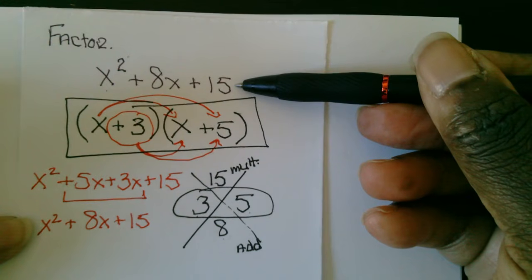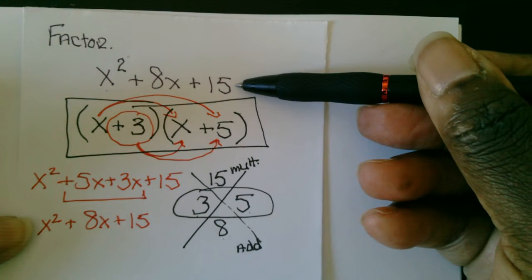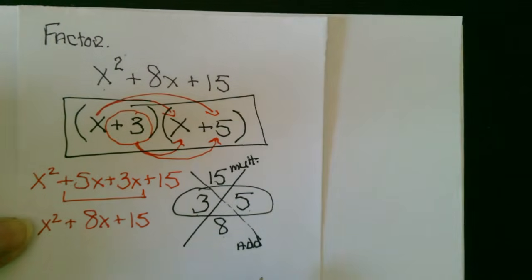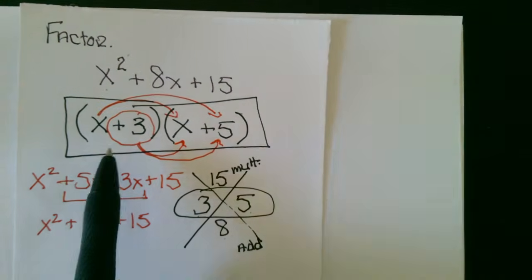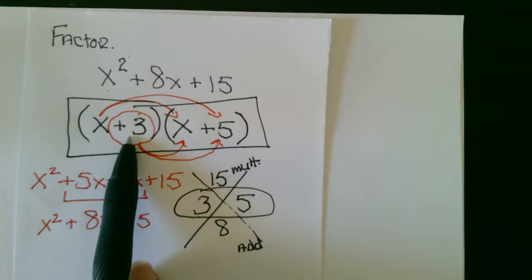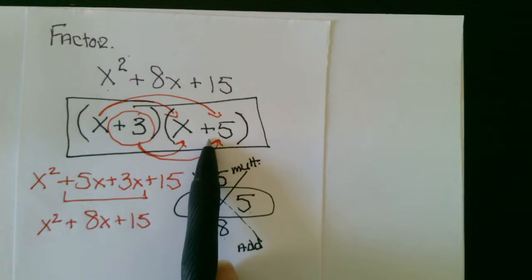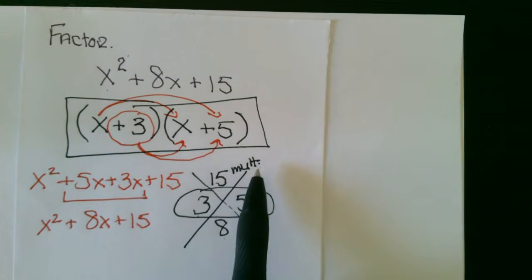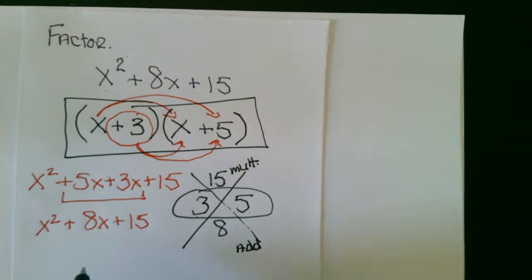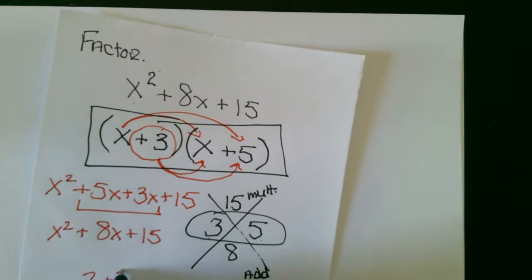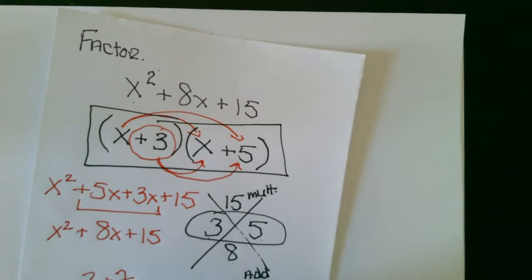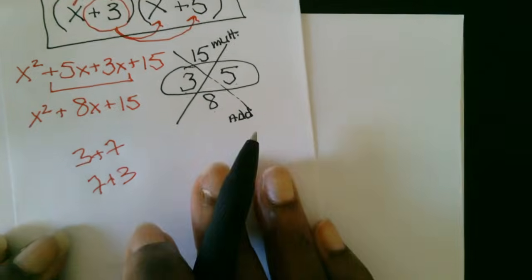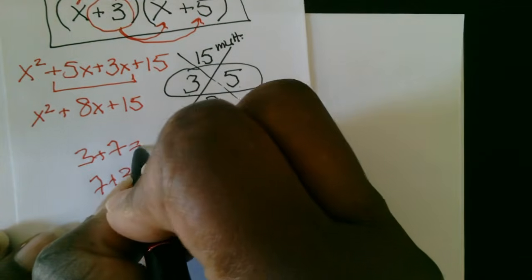If you wrote down x plus 5, then x plus 3, that's fine, because multiplication is commutative. Same thing with addition. If I said 3 plus 7 or 7 plus 3, you'll get the same result, which is 10.